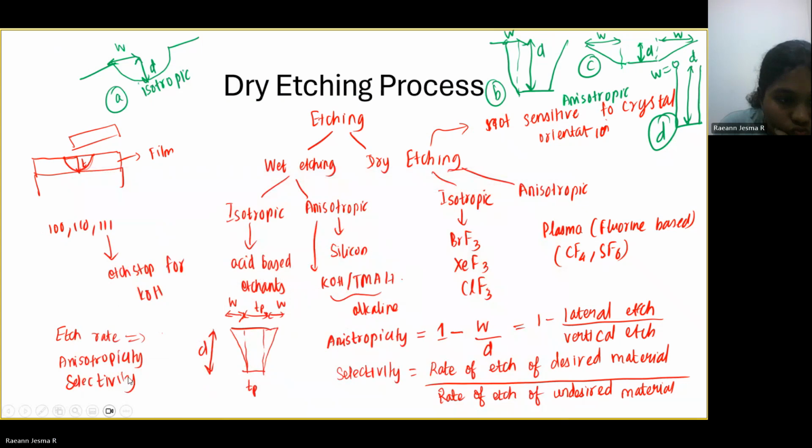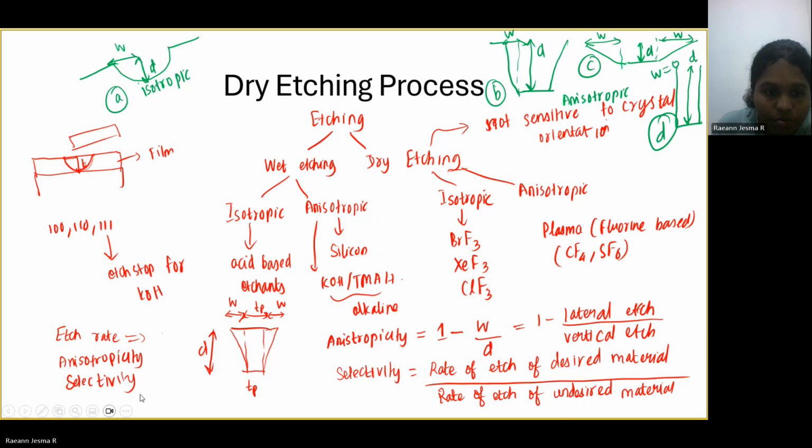Regarding selectivity, I will ask one question. If your selectivity is greater than 1, is it desired or undesired? What value of selectivity is desired? Is it greater than 1, less than 1, or 0?